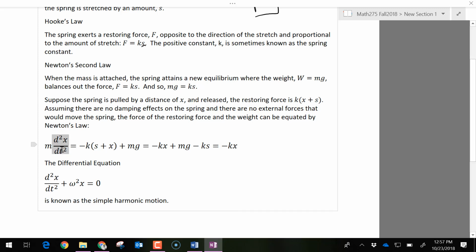So this is mass times acceleration. Well, this whole thing is the force, right? Mass times acceleration. And that's equal to this thing, the force, after we pulled and let go.